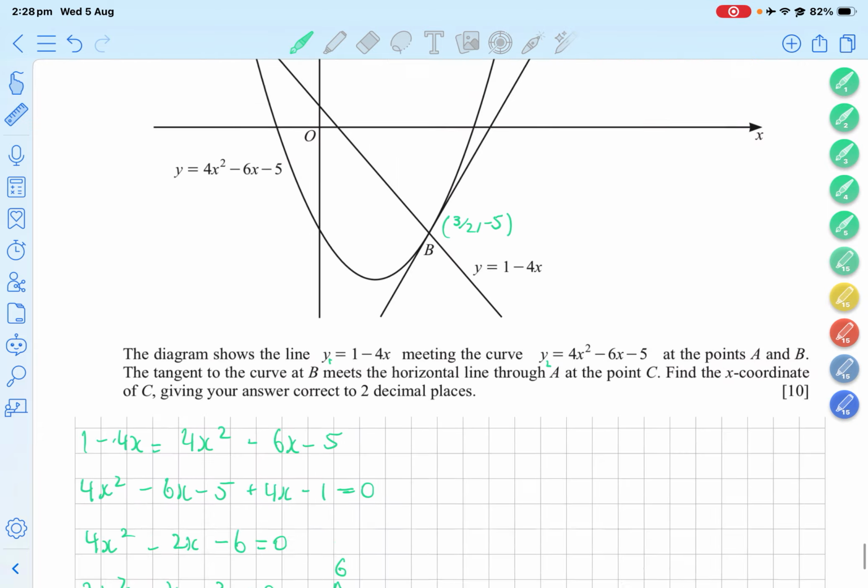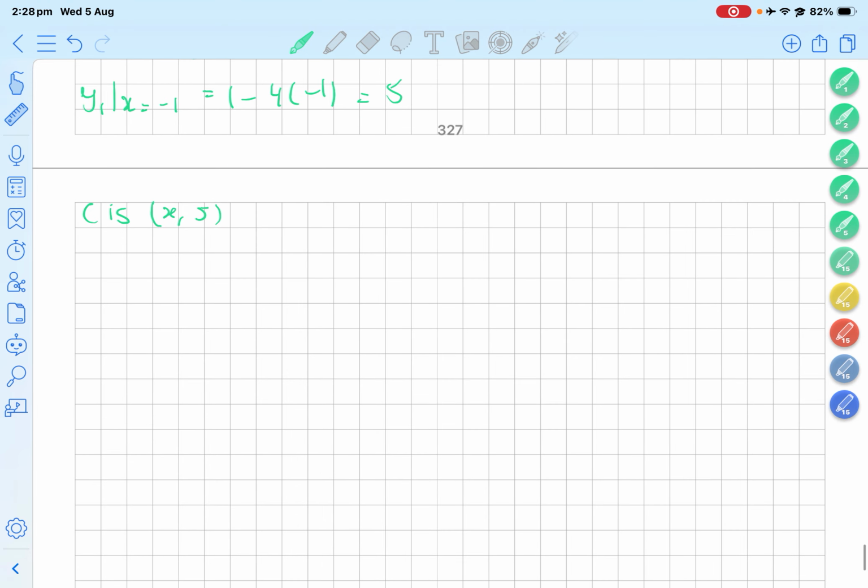Coming back, now I want dy by dx of y2, which should be 8x minus 6, because it was 4x squared minus 6x minus 5. So 8 times 3 by 2 minus 6: 4 times 3 is 12, minus 6 is 6.